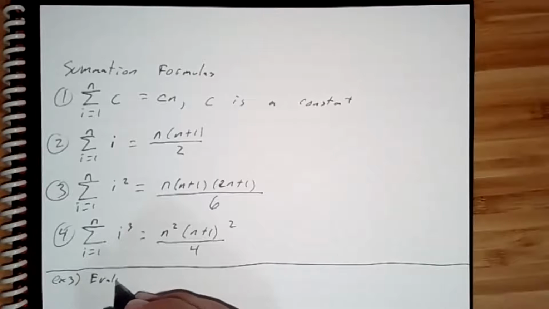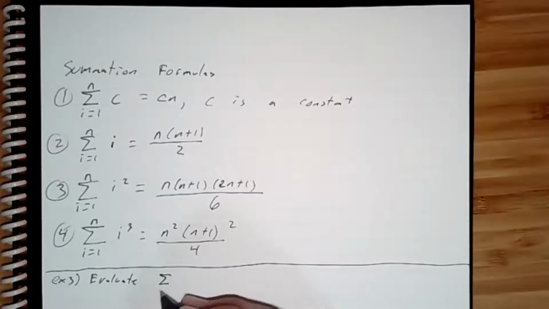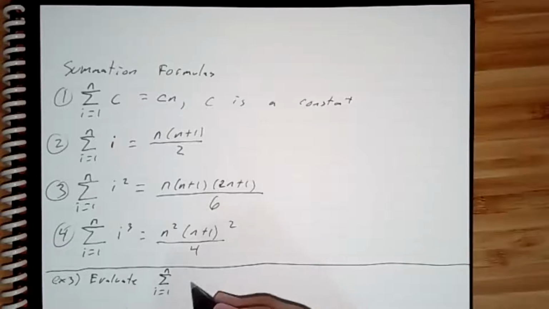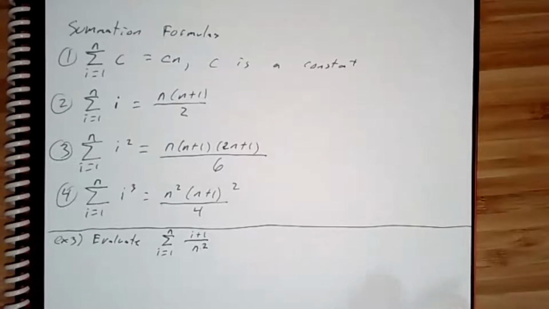Evaluate the sum from i equals 1 to n of (i plus 1) over n squared. It's written kind of small. Can you see that? Yes.